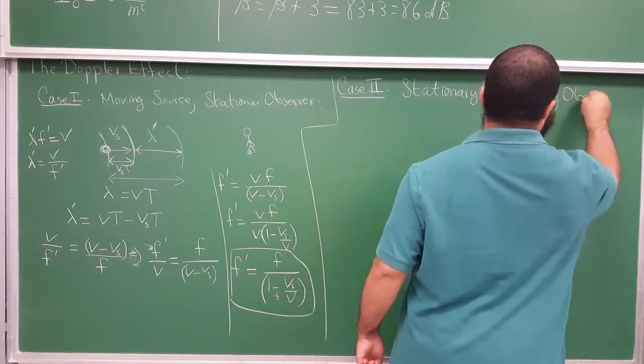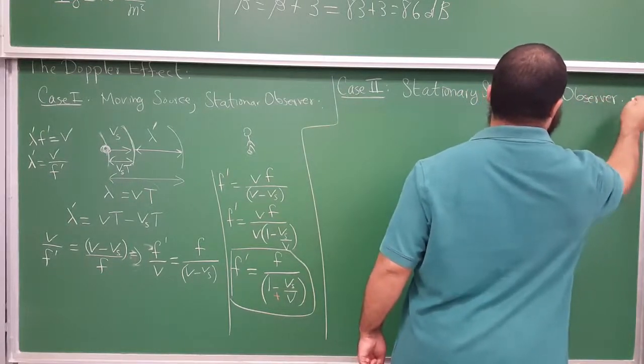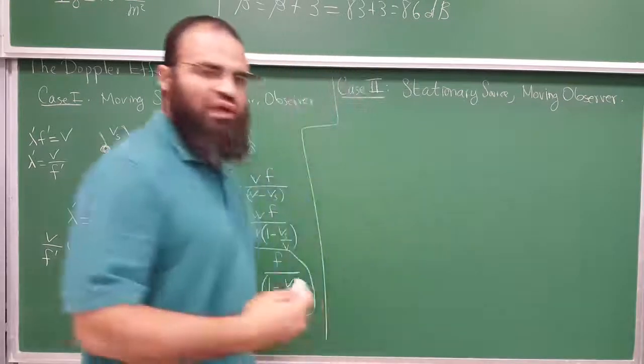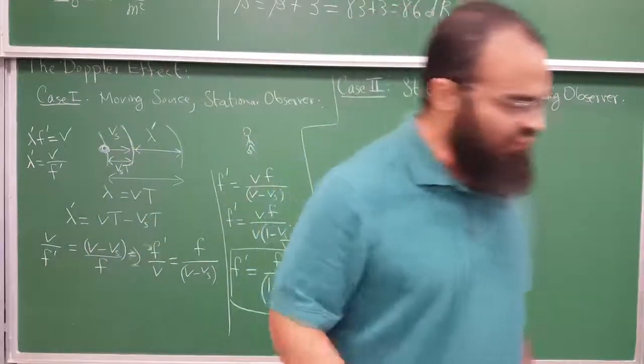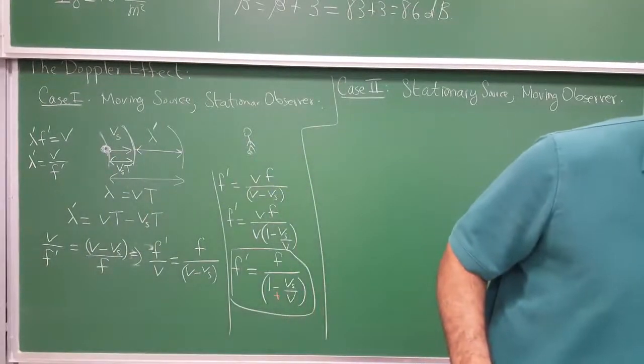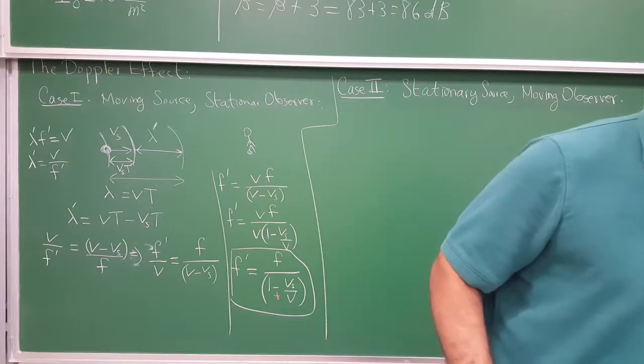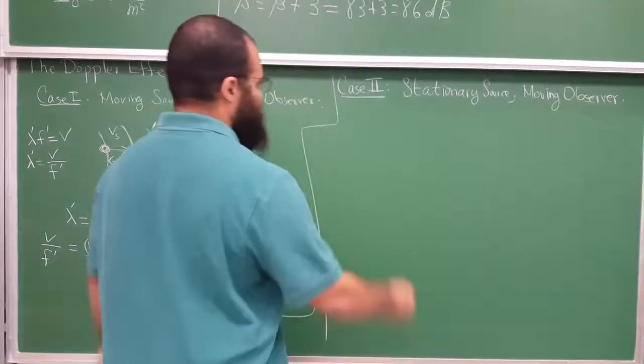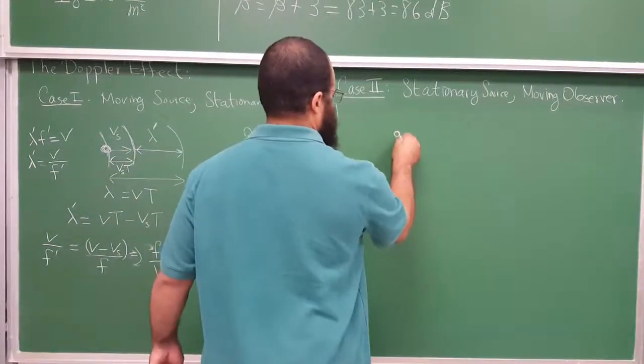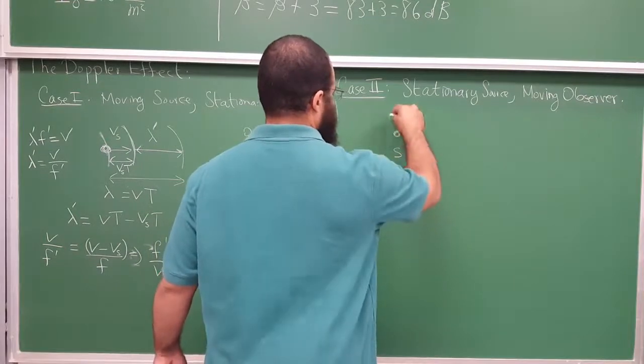For the observer, we'll give the observer velocity v0, vo for observer. Let me see whether I think they use vo. Yeah, I think so. So here is the source, S, and the source is emitting sound.